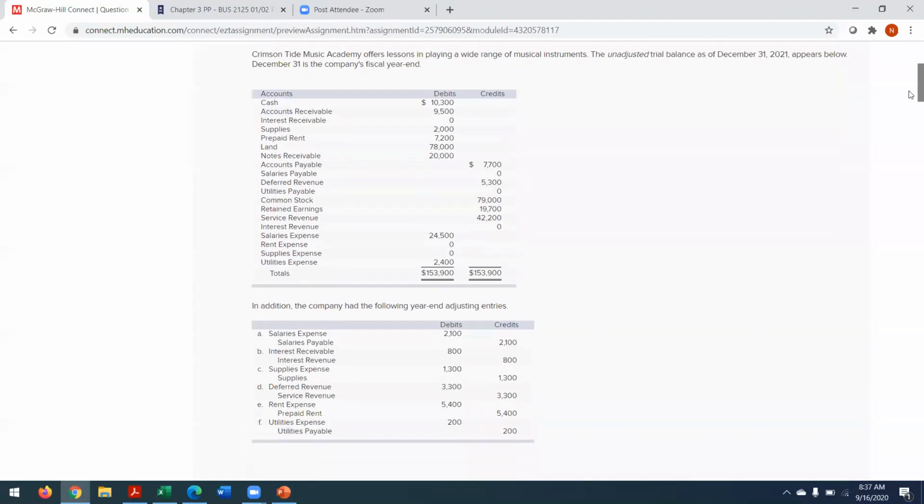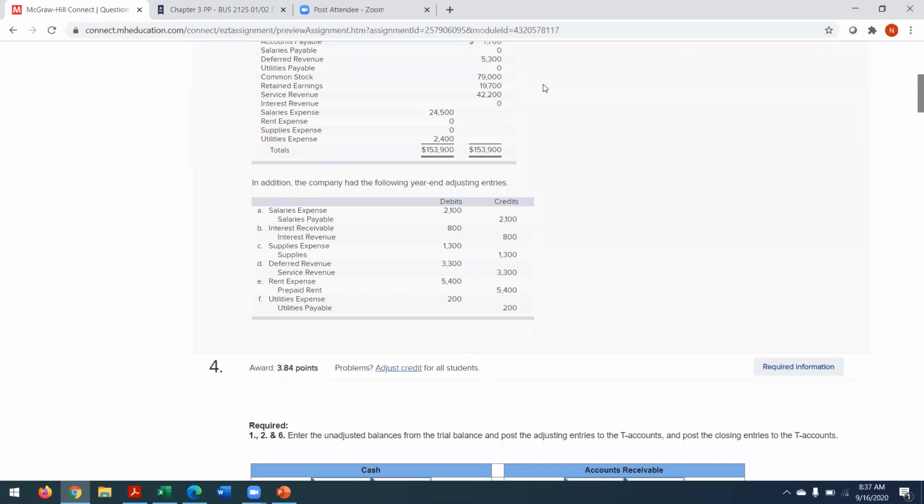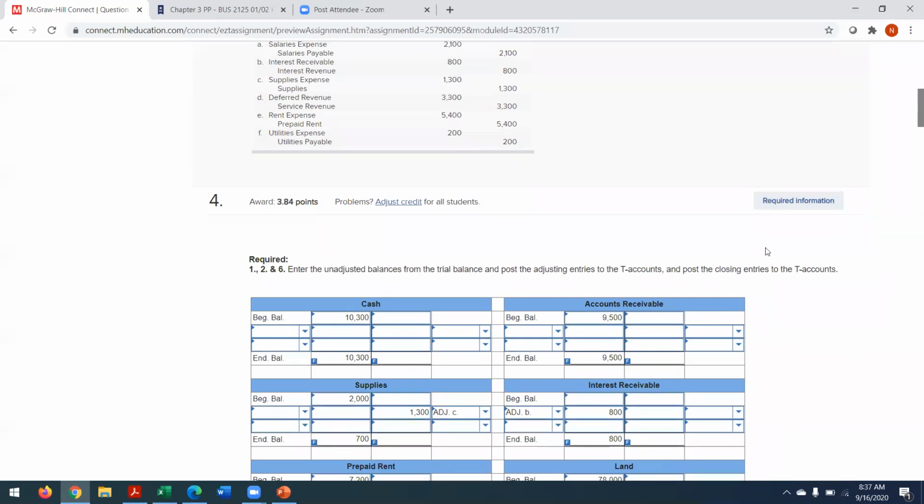Then they provide us with our adjusting journal entries. And what we are supposed to do in just the beginning is to enter these unadjusted trial balances. Then we're supposed to enter these adjusting journal entries. Now there is a final spot of enter closing entries, but we're not there yet.